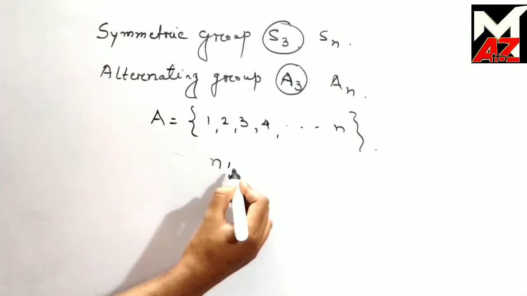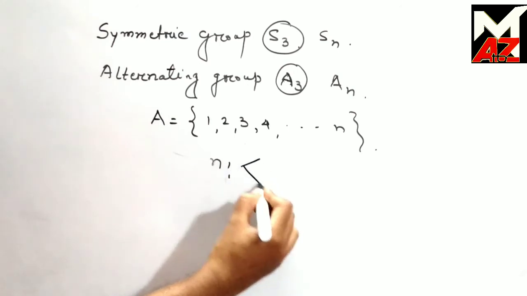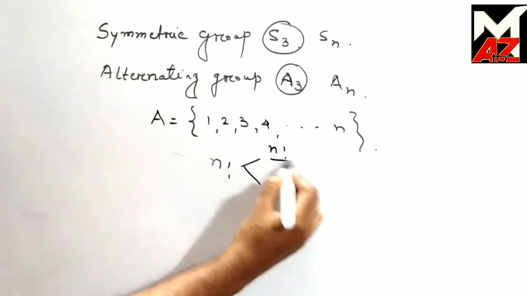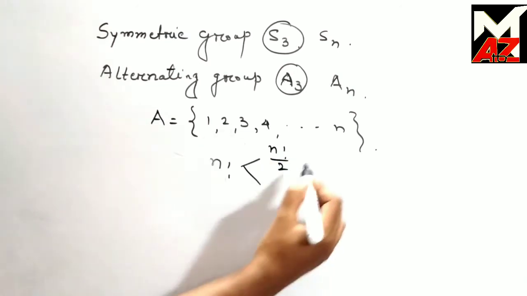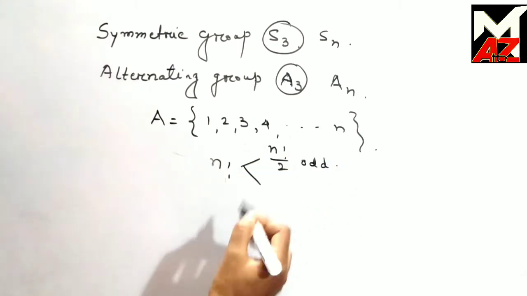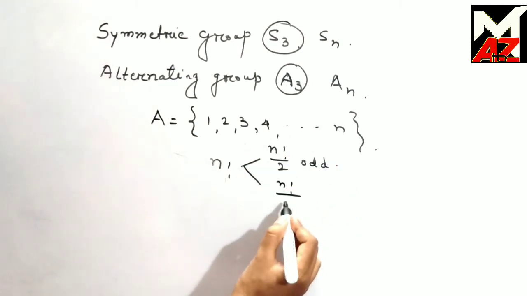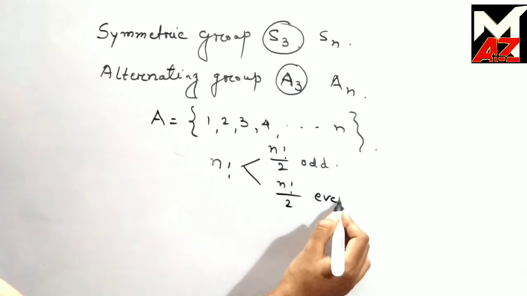Okay, and n factorial by 2 are odd and the other n factorial by 2 are even.